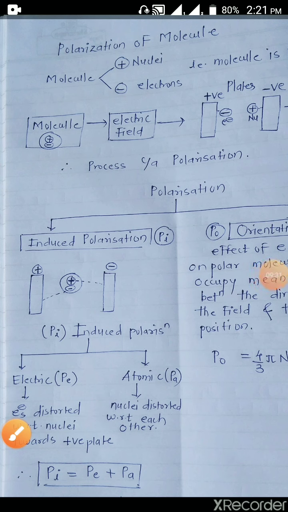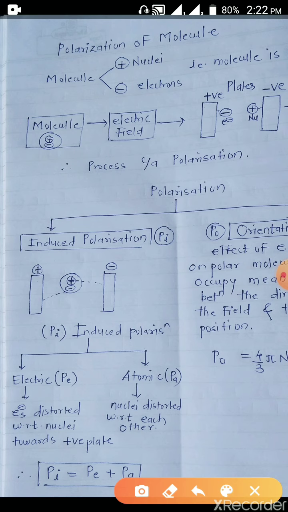The induced polarization is the same as we explained earlier, that when the molecule is placed in an electric field between two charged plates, one positive and one negative, the positive nucleus will be attracted toward the negative plate and the negatively charged electron will be attracted towards the positive plate. The induced polarization is represented by the symbol Pi.